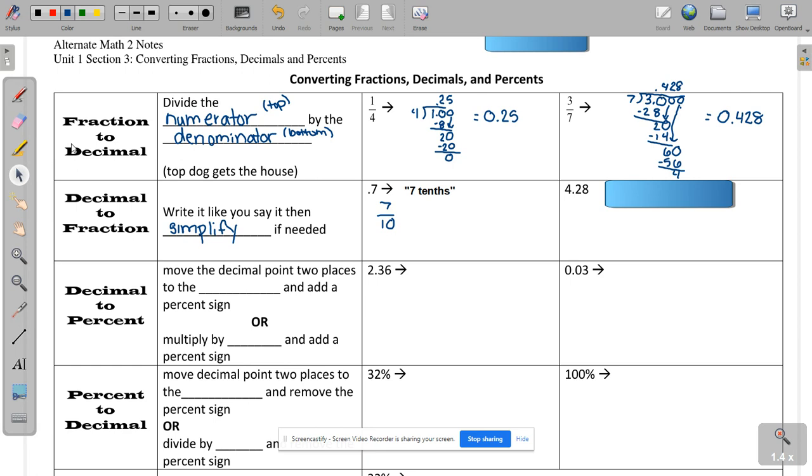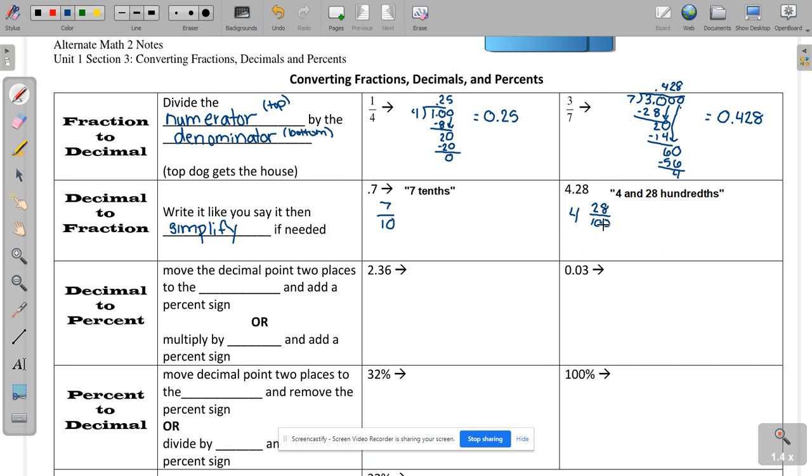Our next one, we have 4.28. We would say that 4 and 28/100. So let's write that. 4 be the whole number, and then we have 28/100. Now we need to simplify. We do not need to touch our whole number, just the fraction.